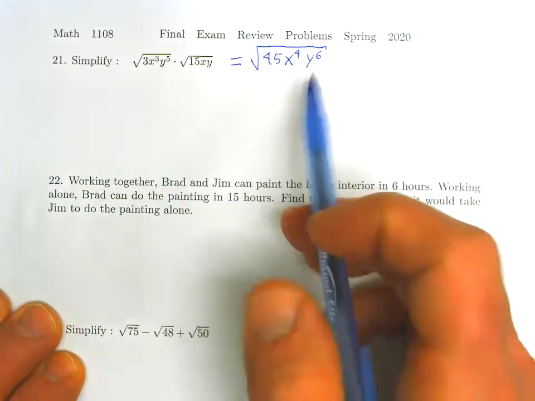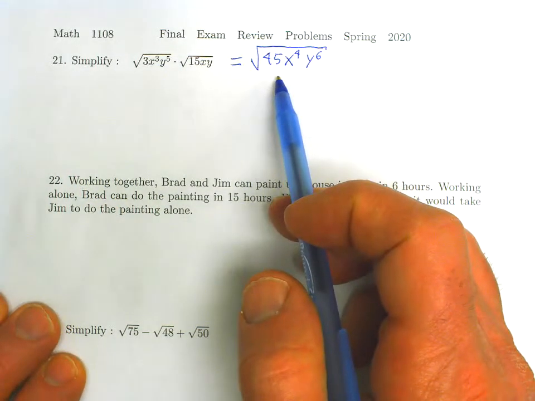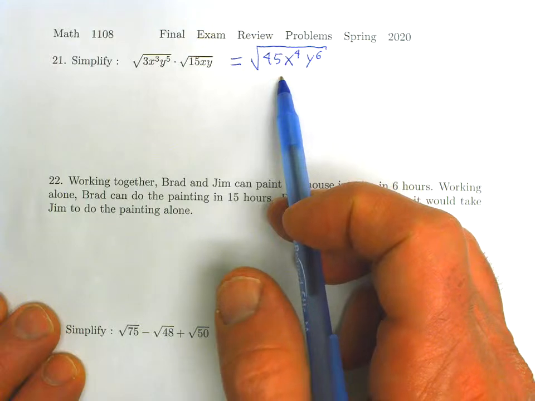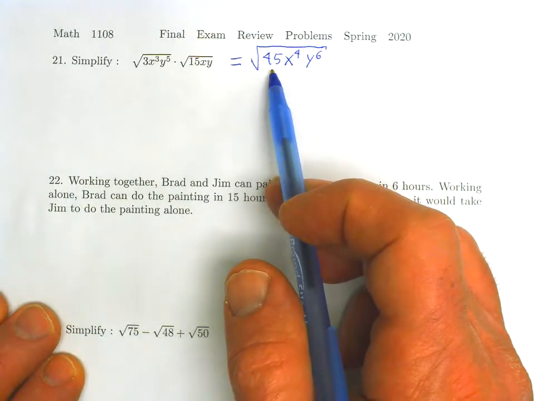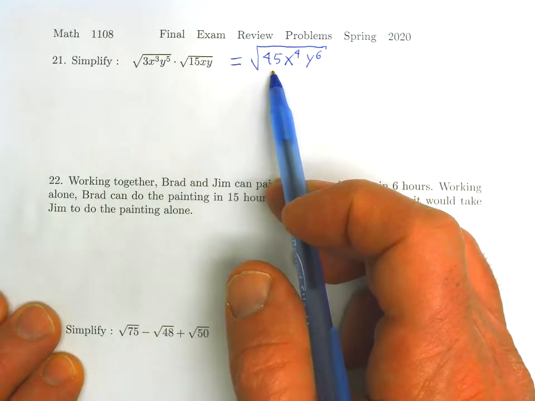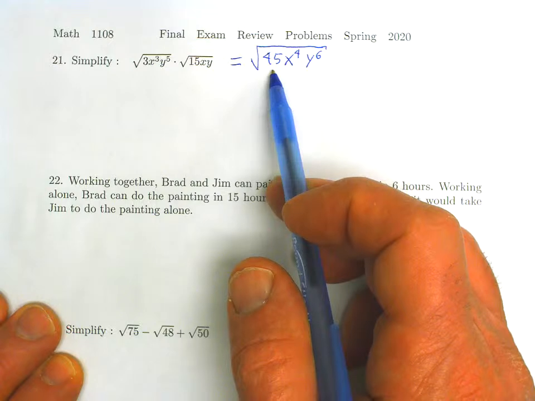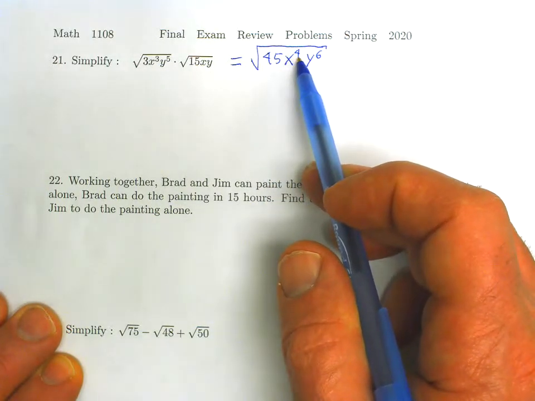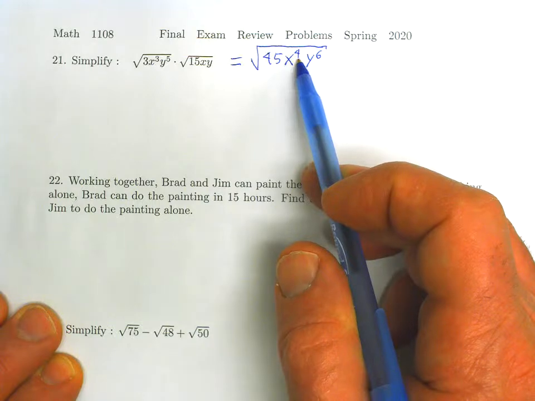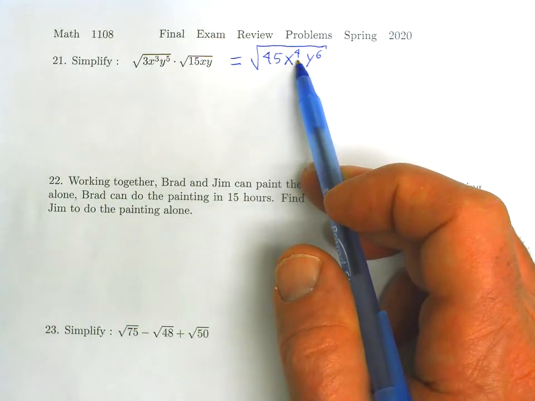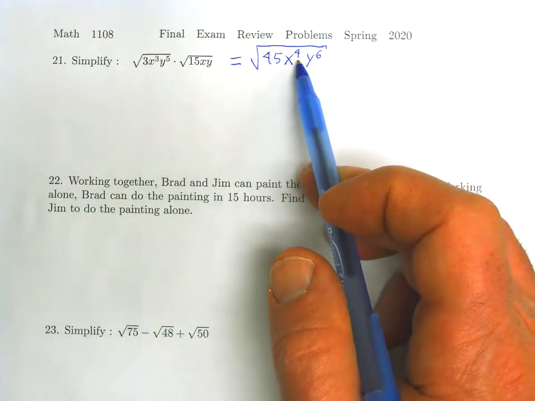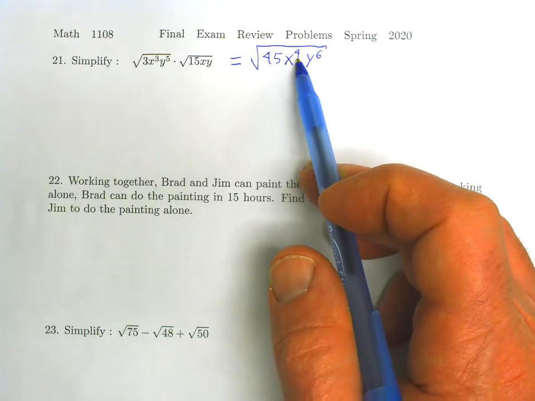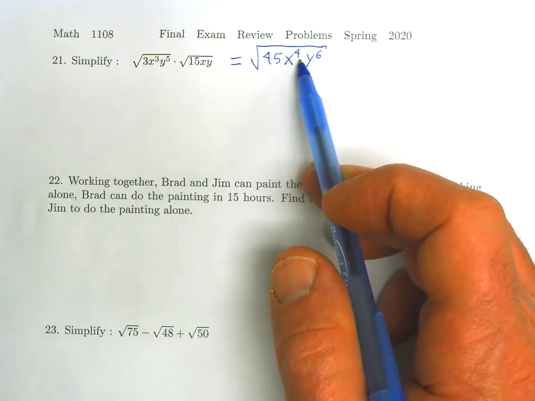And then we'll just focus on simplifying this square root. This can be simplified. The largest factor of 45 that's a perfect square is 9. 9 times 5 is 45. X to the fourth is a perfect square because the exponent 4 is a multiple of 2. Or another way to say something equivalent is that the exponent is an even integer.